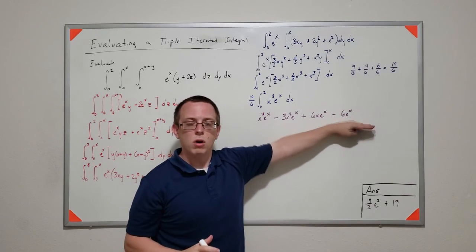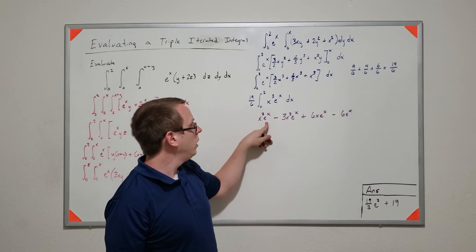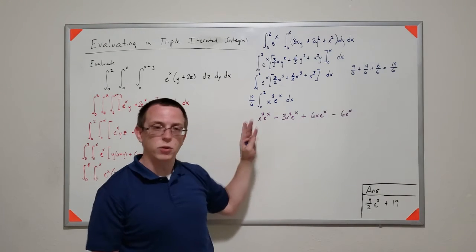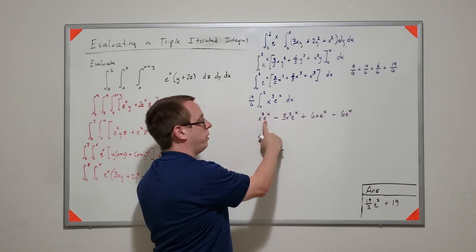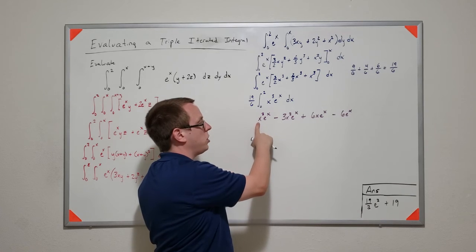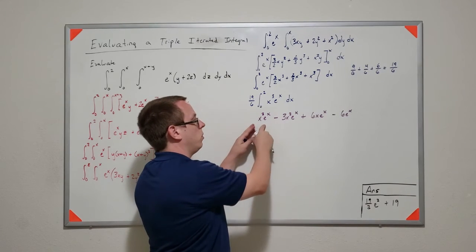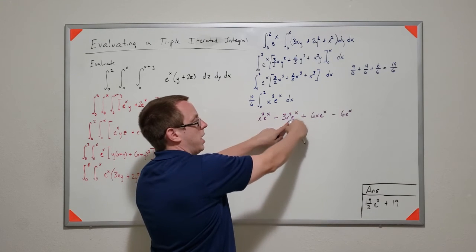The reason this works is because e to the x always takes its own derivative. So if you were taking the derivative here, you'd end up with the derivative with the product rule. The derivative of e to the x is just this. The derivative of x cubed is 3x squared. Then over here, the derivative of e to the x is just e to the x.